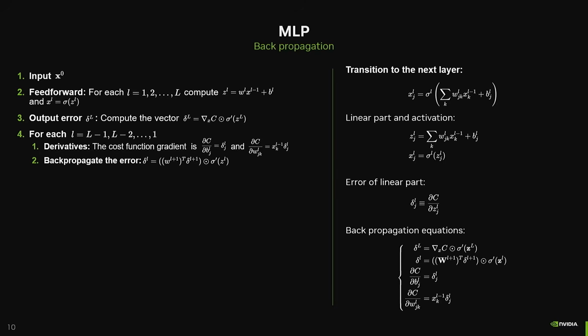Then we use that error to compute some derivatives for both weights and biases. And then we do the next step back. We compute the error for the previous layer, and we continue that. That's why it's called backpropagation, because we're moving from the back to the front of the neural network.